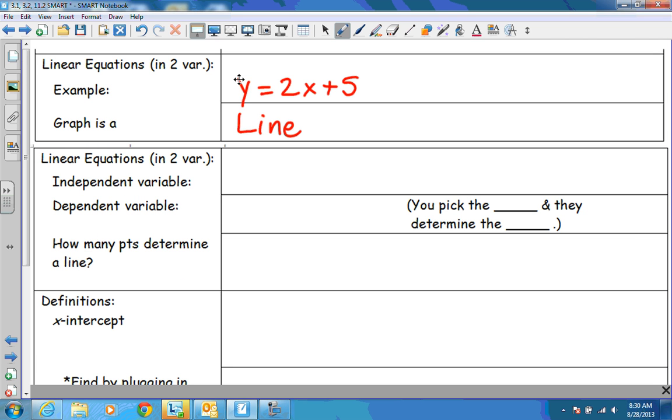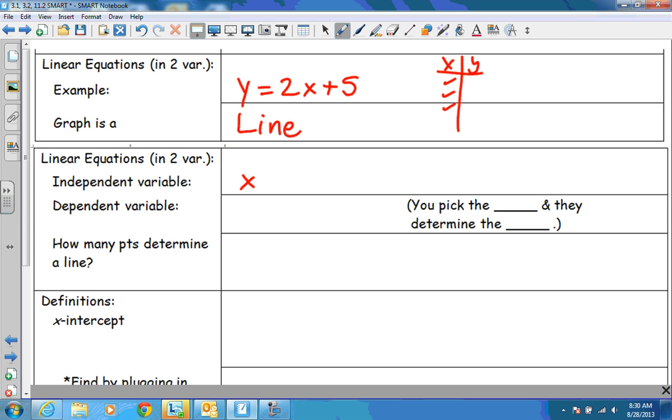Which one is the independent variable and which one is the dependent variable? What's independent? What's dependent? Which one are you plugging stuff in for? Like when you go to graph a line and you make a chart, which one do you plug in first? You get to pick your x's, right? That's independent. You get to pick what you want.